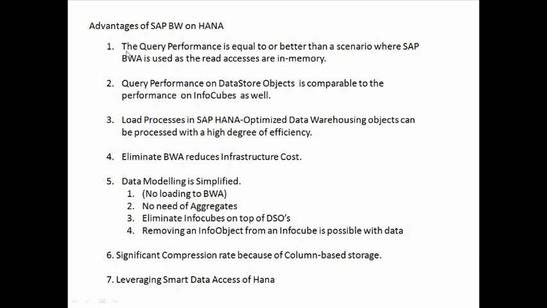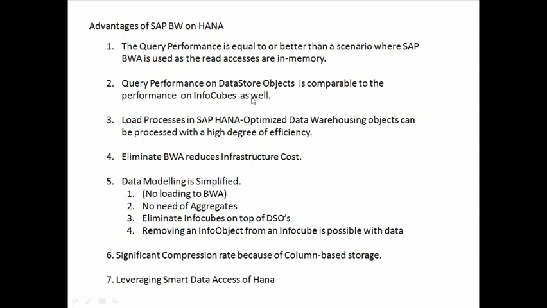Normally, we use BW accelerator to improve query performance. Once HANA comes in as a backend, BW accelerator is not supported anymore. So the query performance is equal or better than the scenario where BW accelerator has been used. So with HANA, you have the advantage of query performance. And the query performance on DSO is comparable to what you get on cube.